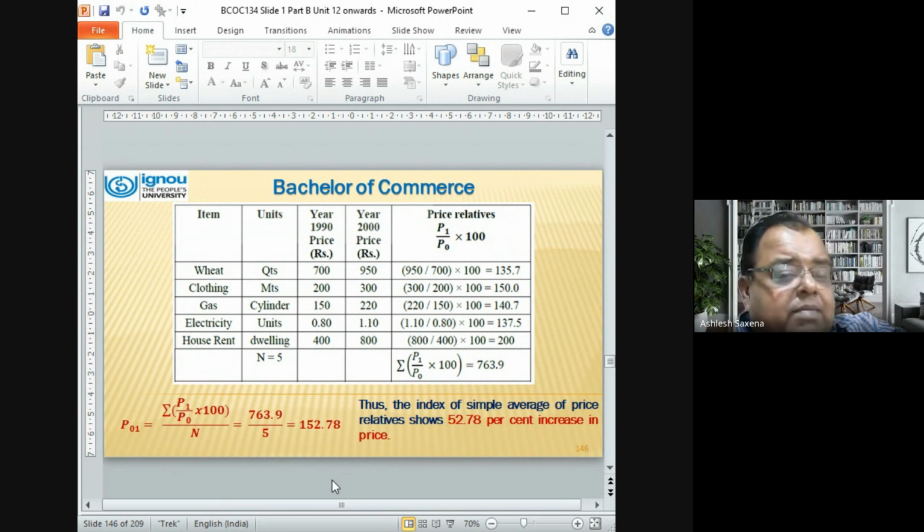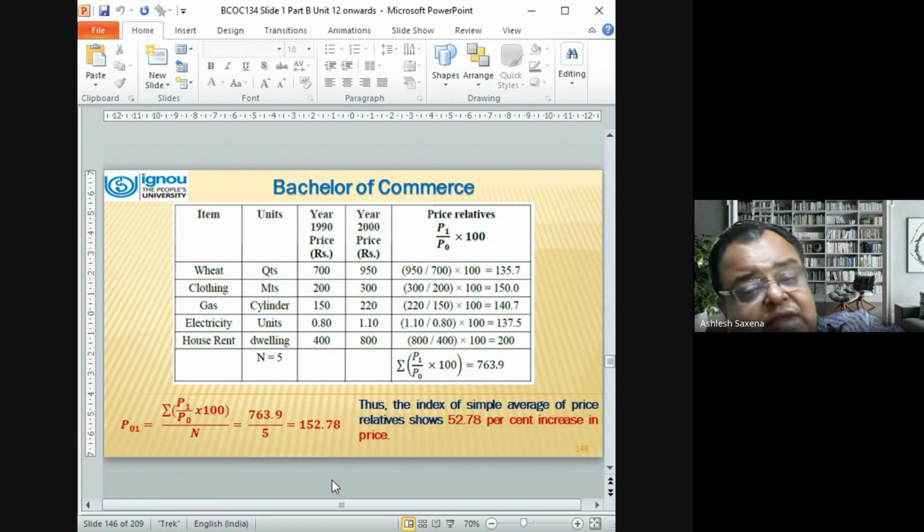You have to remember the basic formula. And in the relation, you have to know how many commodities there are. The commodities are 5, therefore n will be 5. P1 by P0 is calculated individually and then a total sum is evaluated.